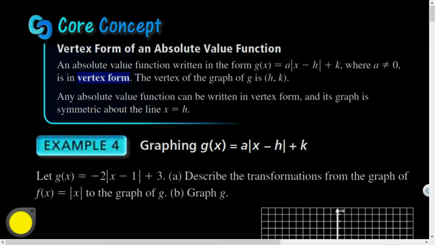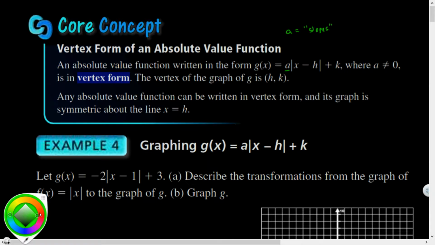So we've talked about graphing absolute value functions from the perspective of transformations, where you think about it like shift up and to the right and stretch it and smoosh it. But here we have the vertex form of an absolute value function, where the A will equal my slopes, so to speak, all right?